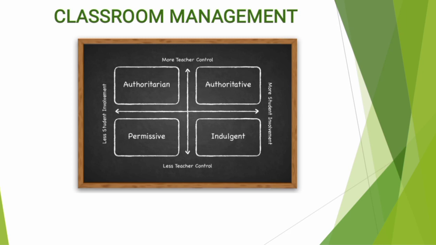Now, under authoritarian, we see that there is more teacher control and less student involvement. Under authoritative, we see that there is high teacher control, while there is also more student involvement.